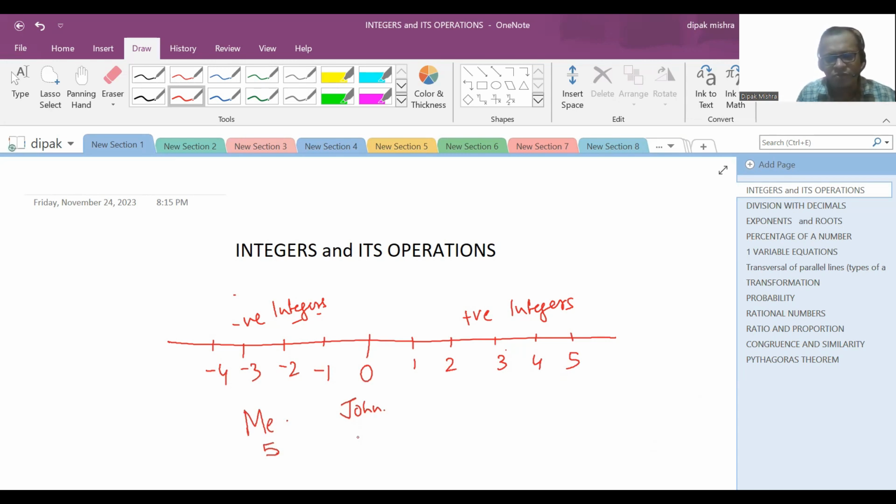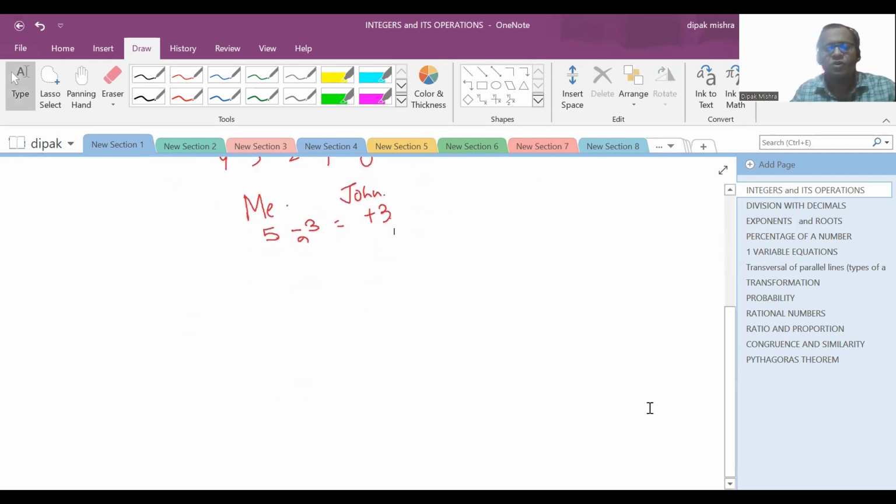I tell him that I will not be able to return this much, so for the time being, take $3 from my side. If I give $3 to him, he gets plus $3. And since I am owing $5, of which $3 I have given, now I owe him $2. Clear?